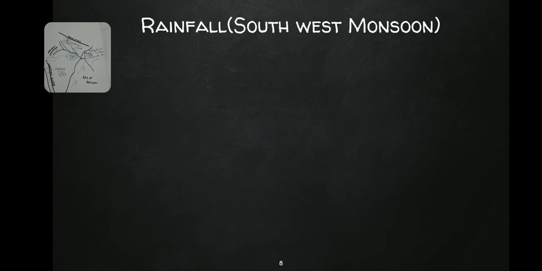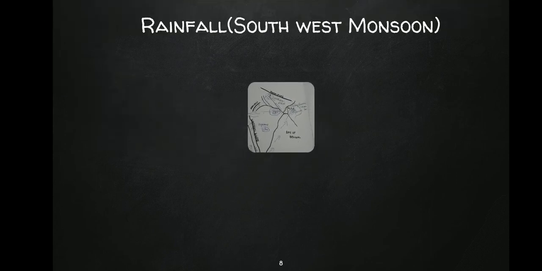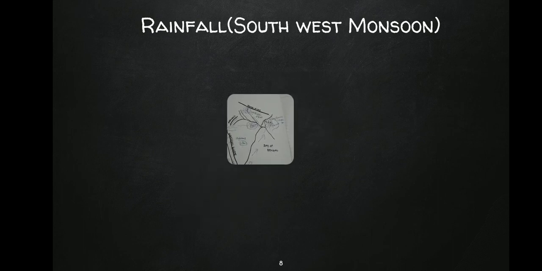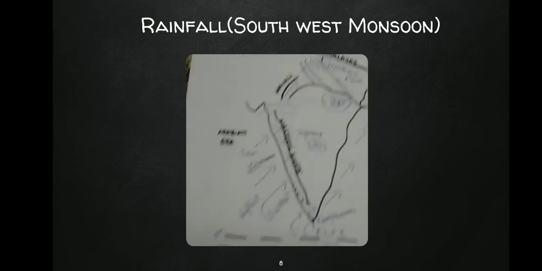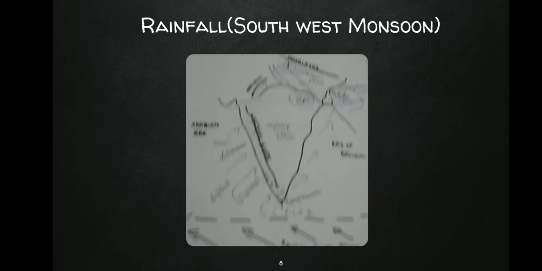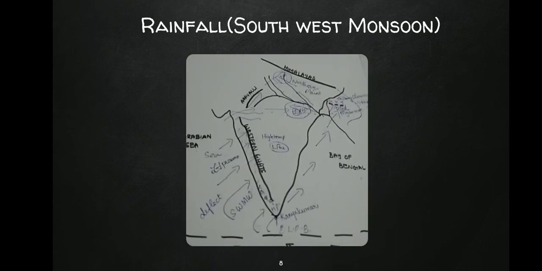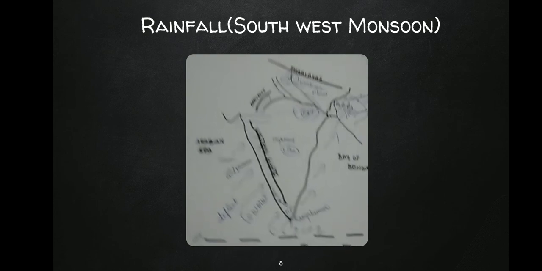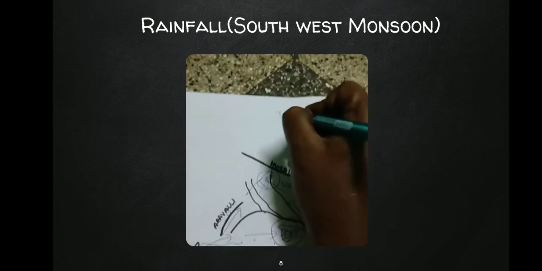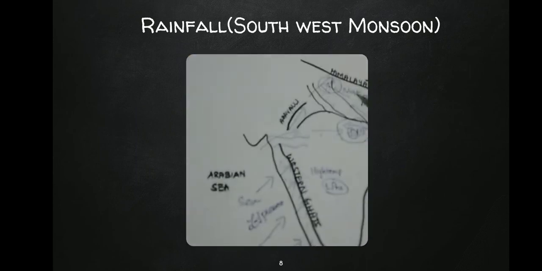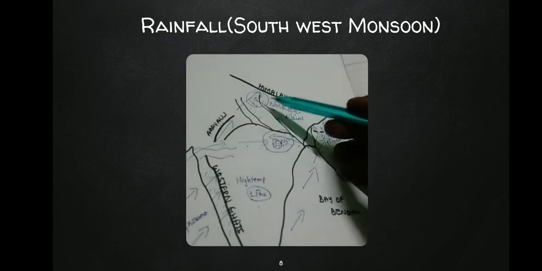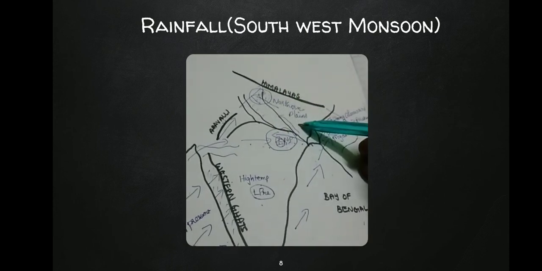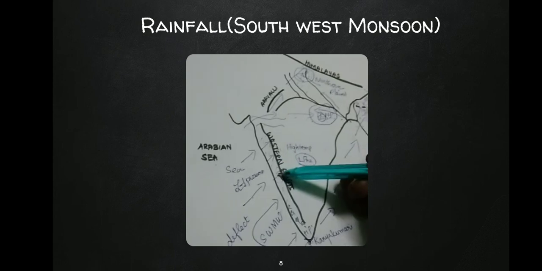Now we will discuss the rainfall mechanism, or rainfall due to the southwest monsoon. How does the rainfall occur in the southwest monsoon? When we check the amount of rainfall, it is based upon three factors. Number one, the Himalayas. As the Himalayas are a barrier, rainfall is received in the northern plains. Next, the Western Ghats.